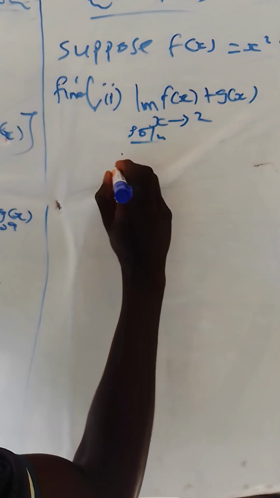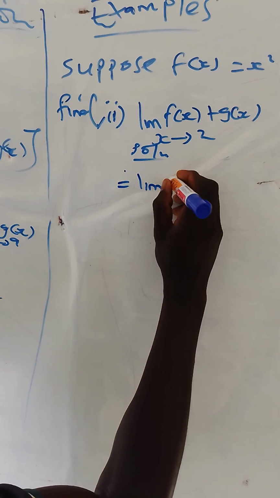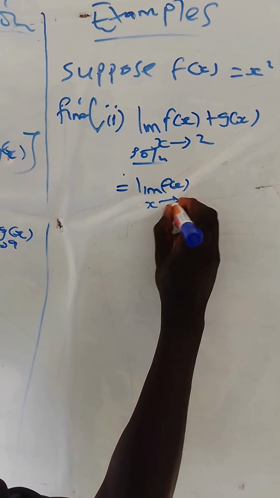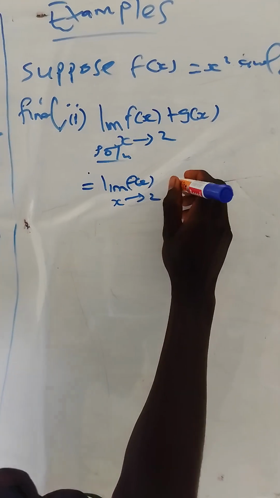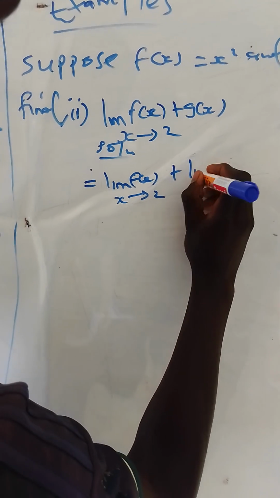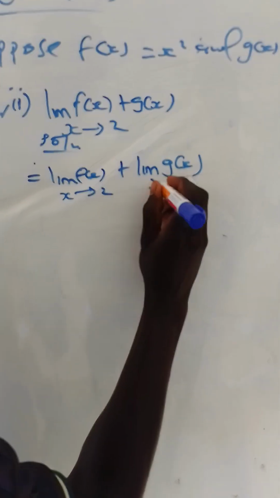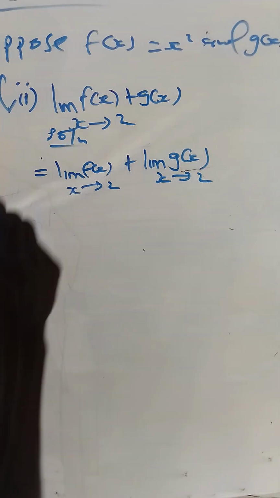Now here we are going to say that it's the same as our limit of the function f of x for x tending into 2 plus our limit of the function g of x for x tending into 2.